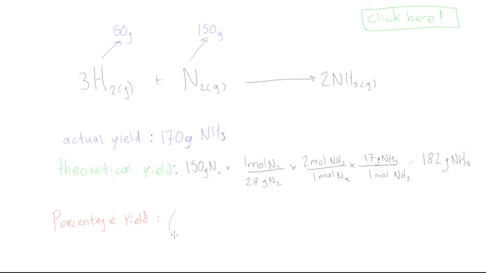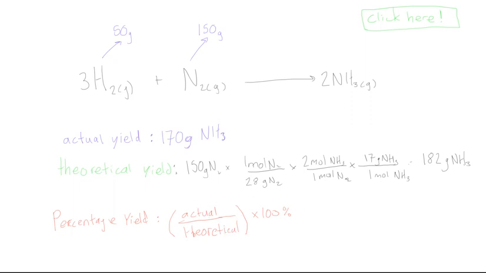We would write it like this: the actual yield over the theoretical yield, and then we multiply this by 100% to see what our percentage yield is.